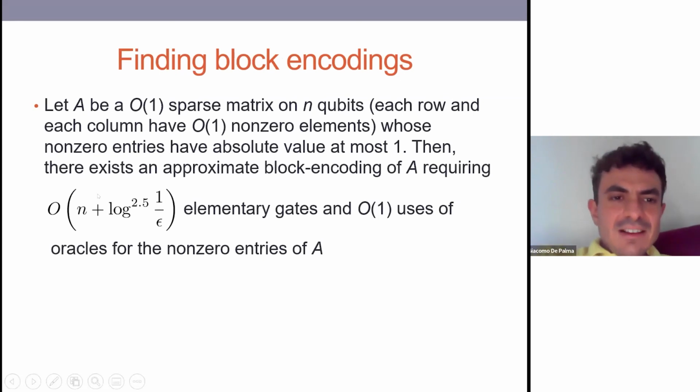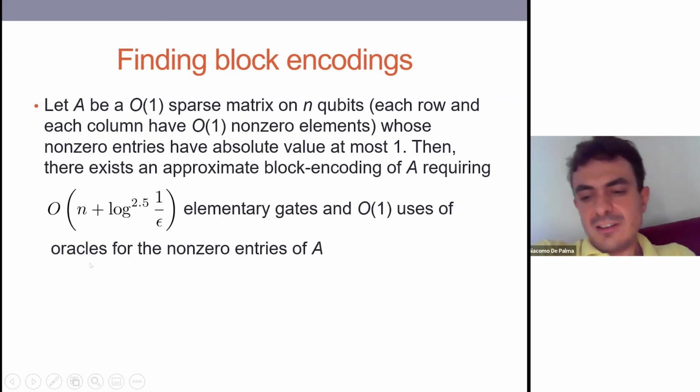We will need this number of gates and an order 1 number of uses of some oracles that give access to the position of the non-zero entries of A and to the values of these non-zero entries. So if A is sparse, there are no issues in finding an efficient block encoding without significant overheads in the complexity, but of course the complexity of the block encoding will depend on the size of A, and the dependence is linear in the number of qubits as in the original HHL algorithm.